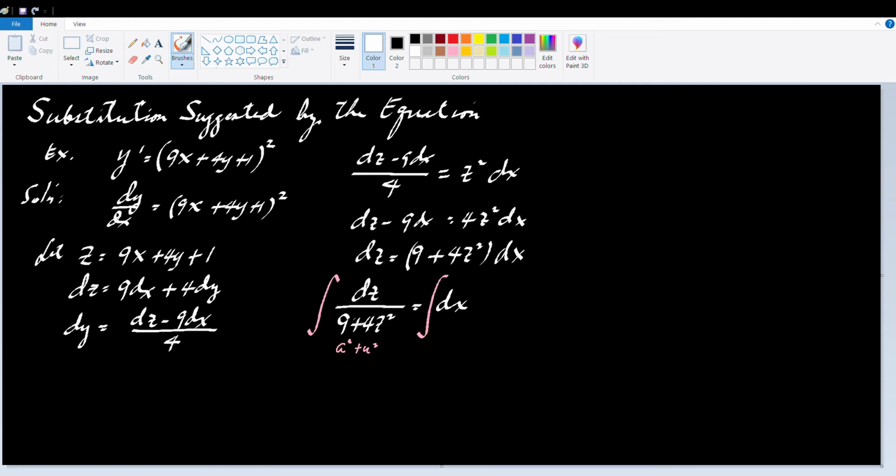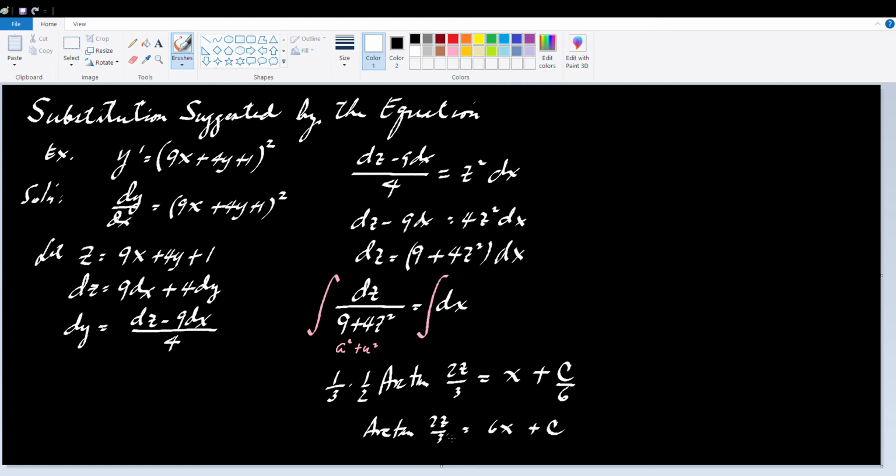And for du over (a squared plus u squared), the integral is 1 over a, or 1/3, and then times 1/2, because the differential of 2z is 2dz. So 1/6 arctangent of 2z all over 3 equal to x plus the constant c. So multiplying everything by 6, we get arctangent of 2z over 3 equal to 6x plus c.